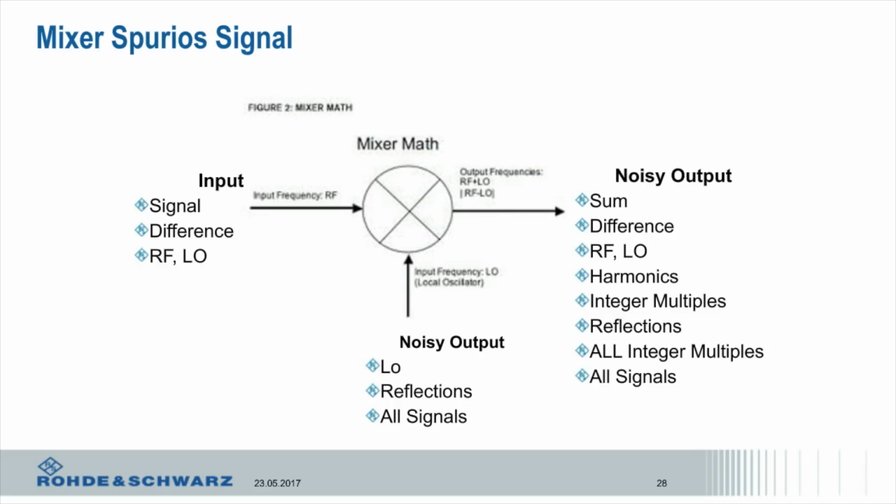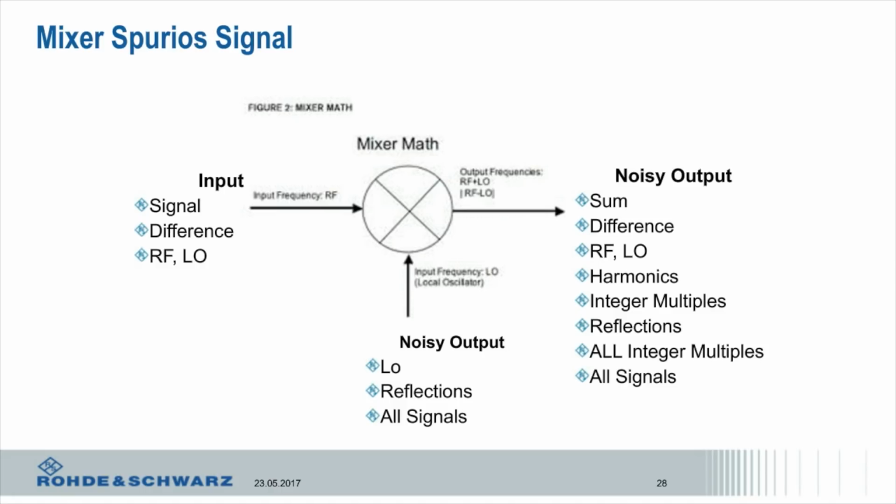That's all great, but the unfortunate reality is when you do this, you're also going to be generating unwanted signals. Typically, if I take the input for a down converter, so I'm taking a high frequency signal and receiving it to take it down to a lower frequency, I take my desired signal and combine it with the LO so that I get to a lower frequency, and I get the difference.